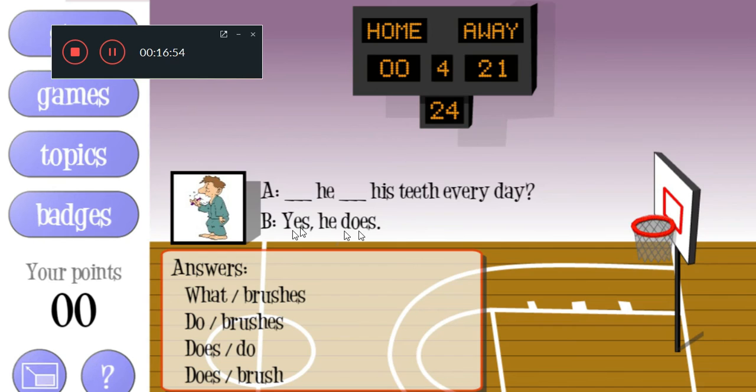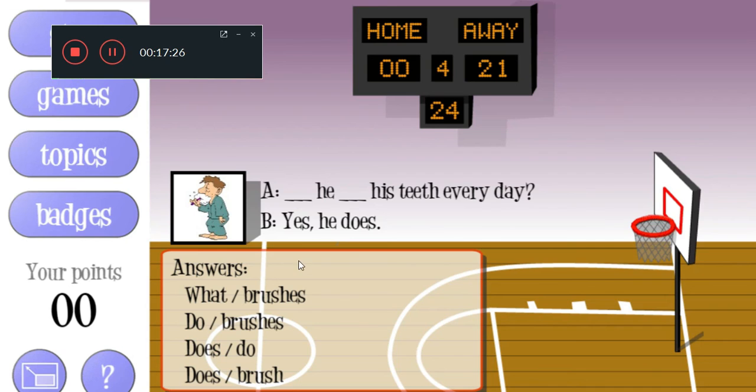Yes, he does. And we are going to choose one of these options. As you remember, last class, this is a question and it's a yes and no question. So we have to begin with do or does. And we are using the pronoun he.